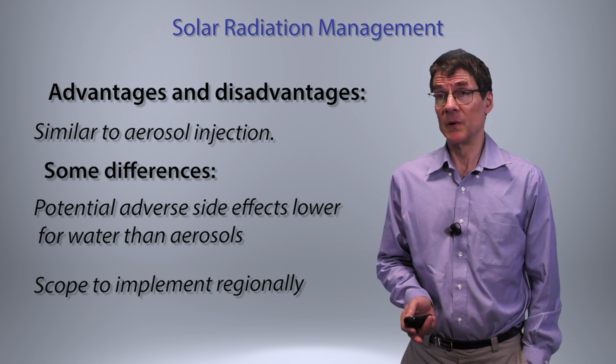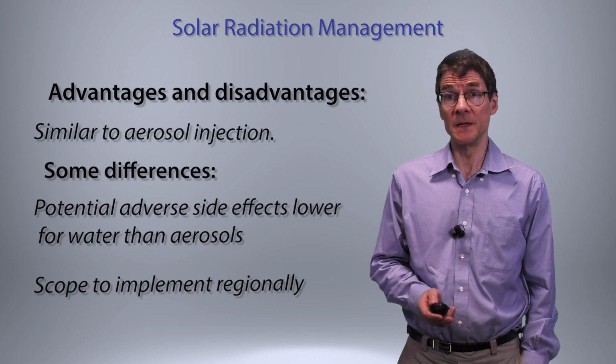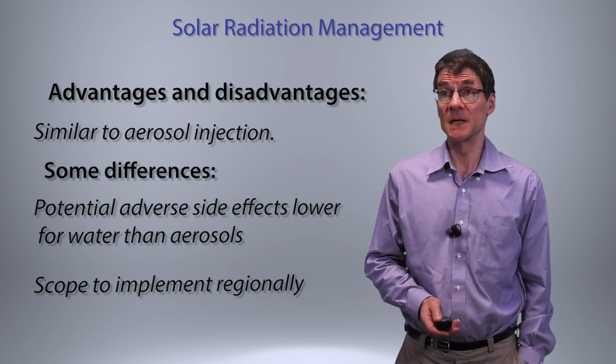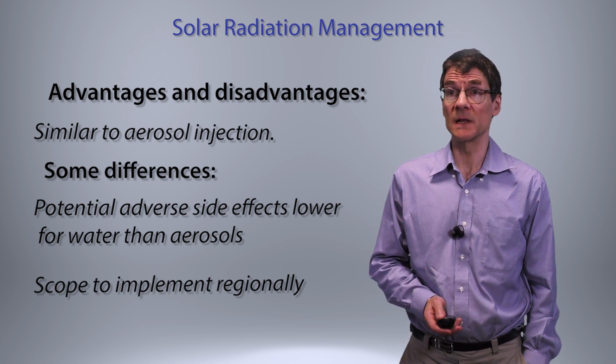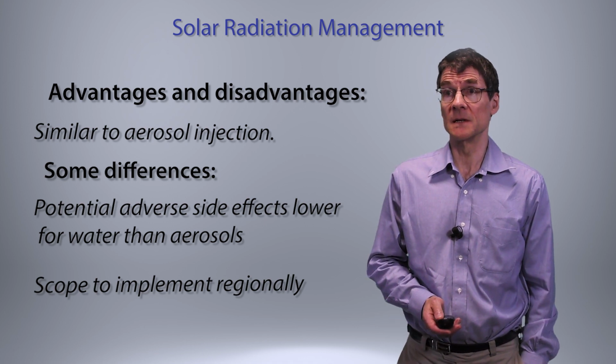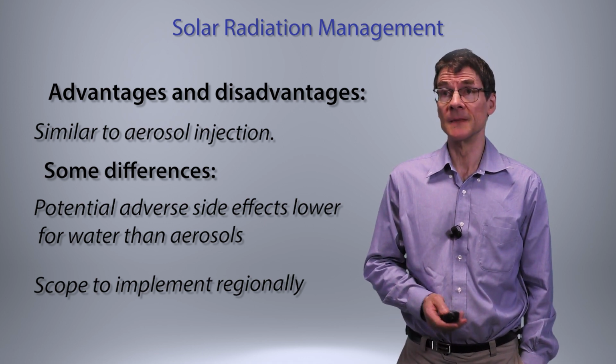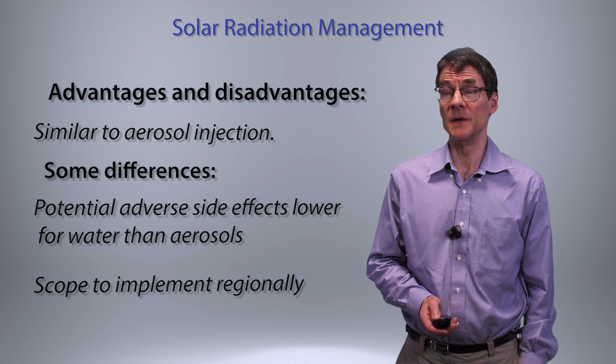So there may be parts of the world where it's more important to maintain lower temperatures, and because the clouds don't move all that quickly, and they move in predictable directions usually, this technology could be regional.